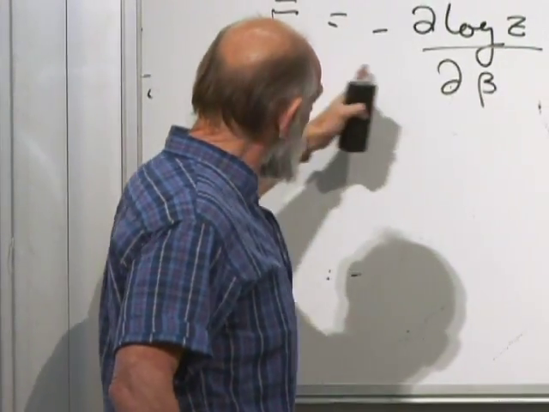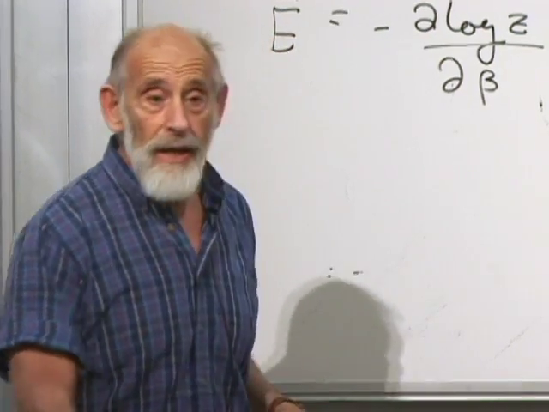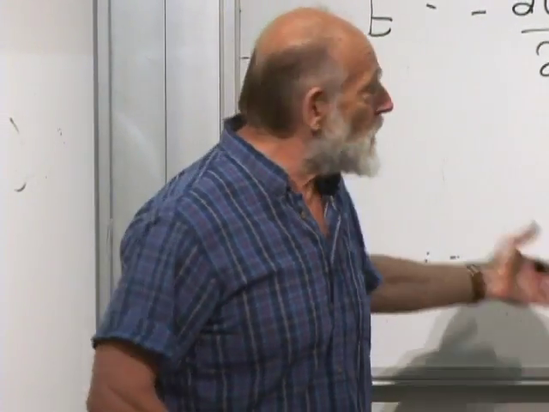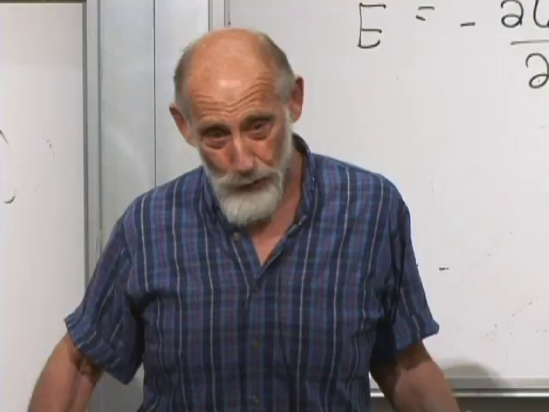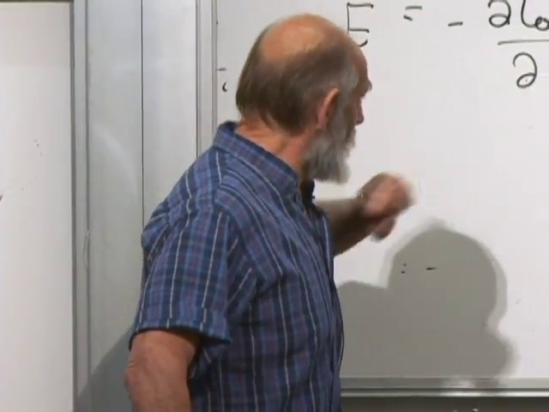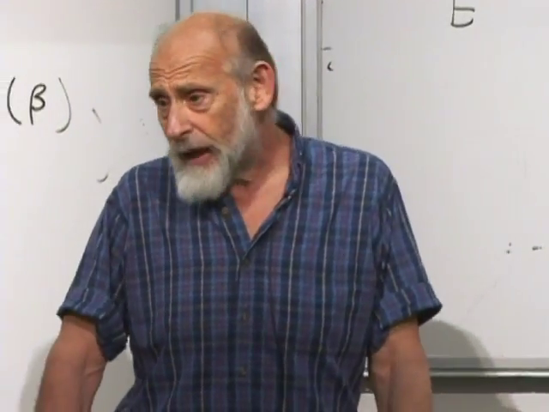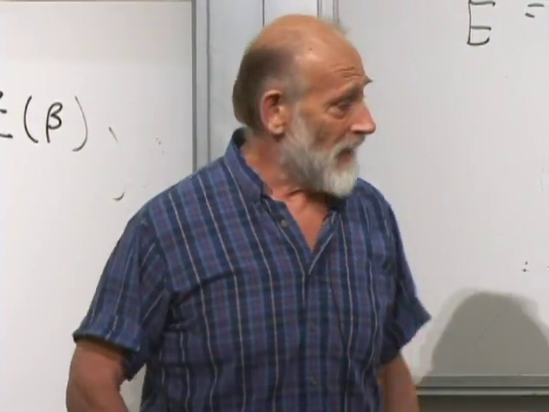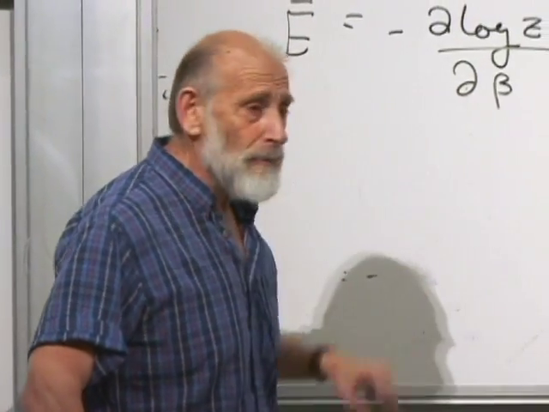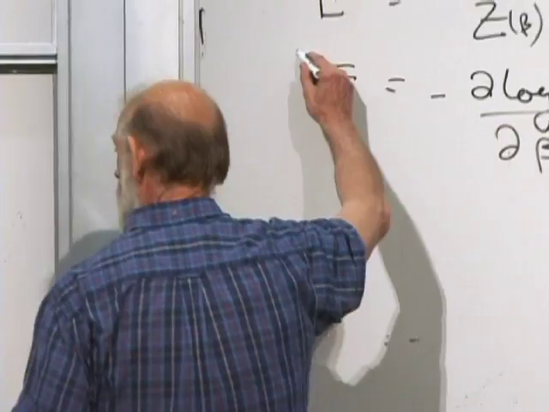So this is the relationship between temperature and energy. In many examples, we actually won't want to invert this. We may know the temperature, in which case we may be more interested in finding the energy. In some cases, we may know the energy, and we may be interested in finding out what the temperature is at that energy.